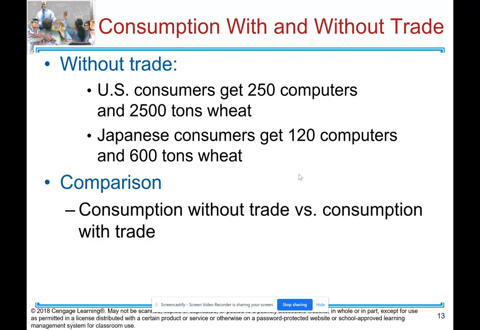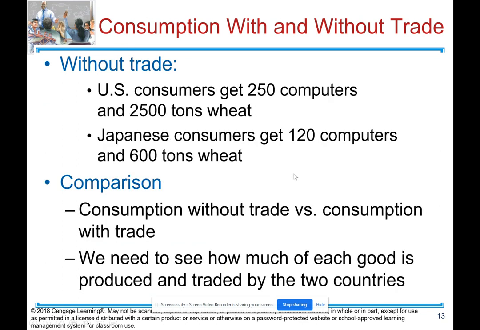So, consumption with and without trade. Without trade, US consumers get 250 computers and 2,500 tons of wheat. Japanese consumers get 120 computers and 600 tons of wheat. So we compare consumption without trade versus consumption with trade.